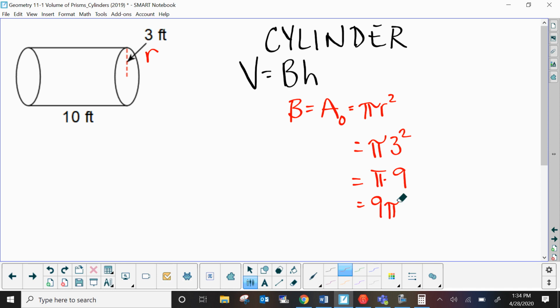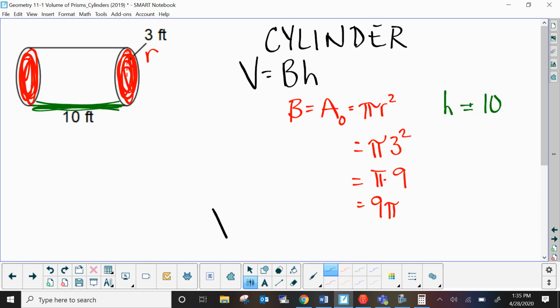Remember, a lot of times we leave our answer in terms of pi, so I'm going to leave it as just 9 pi. Now, the h represents the height of the cylinder, which is the distance between the bases. If this circle is a base, then this circle is a base, and the distance between those circles is 10. So the height of the cylinder is 10.